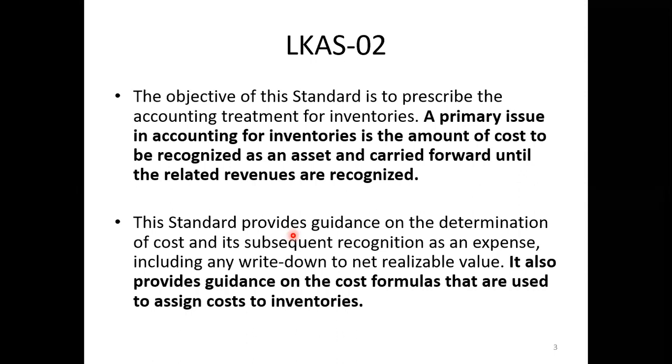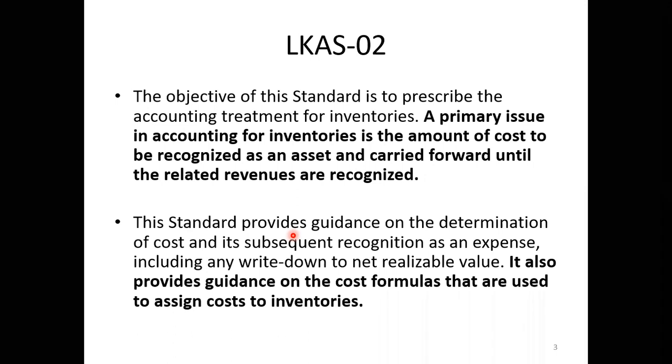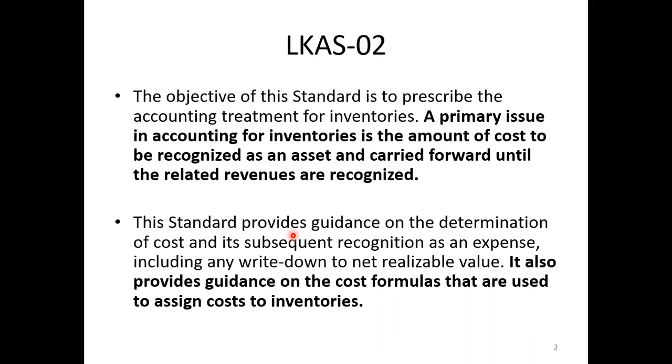In cases where the cost of the inventory is substantially more than the net realizable value, we have to choose the lower value. So the accountant should present that inventory at the lower value, that is the net realizable value.